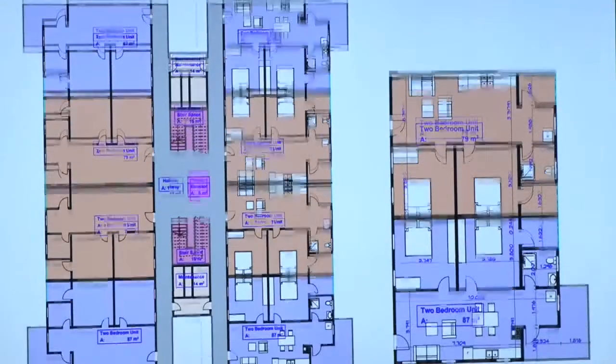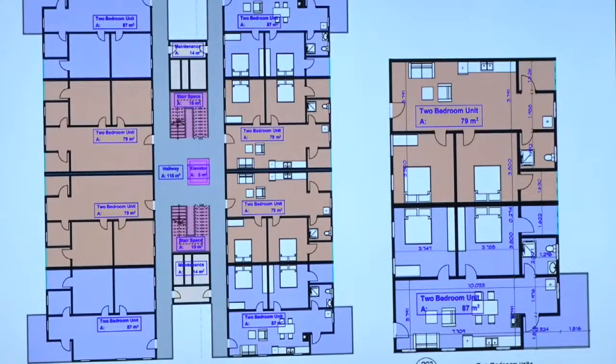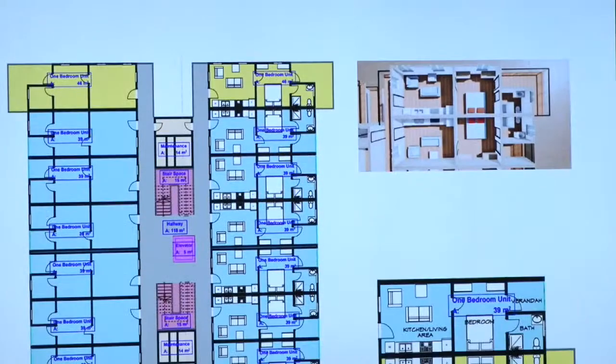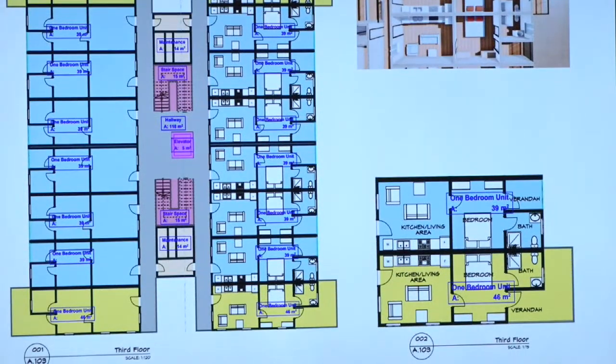This would be a 3-bedroom, a 2-bedroom, sorry. And give us the 1-bedroom, please. Those will be 1-bedrooms. So the complex would have 1, 2, and 3 bedrooms.